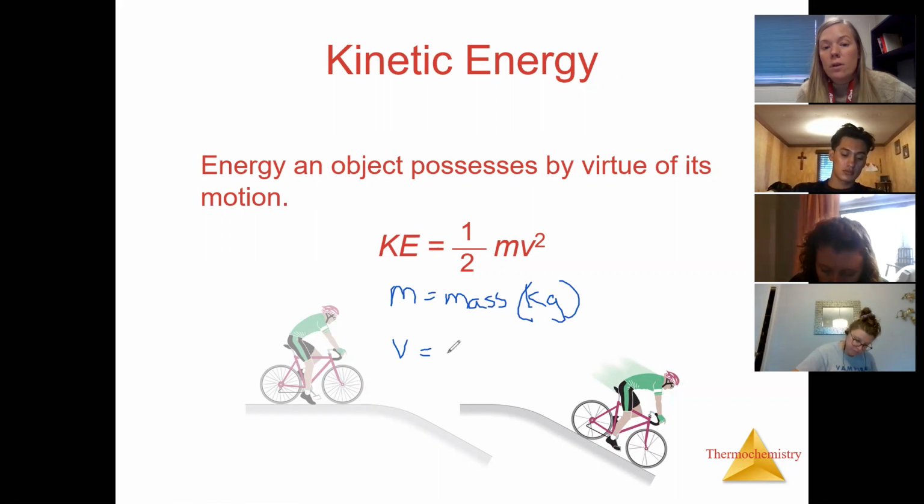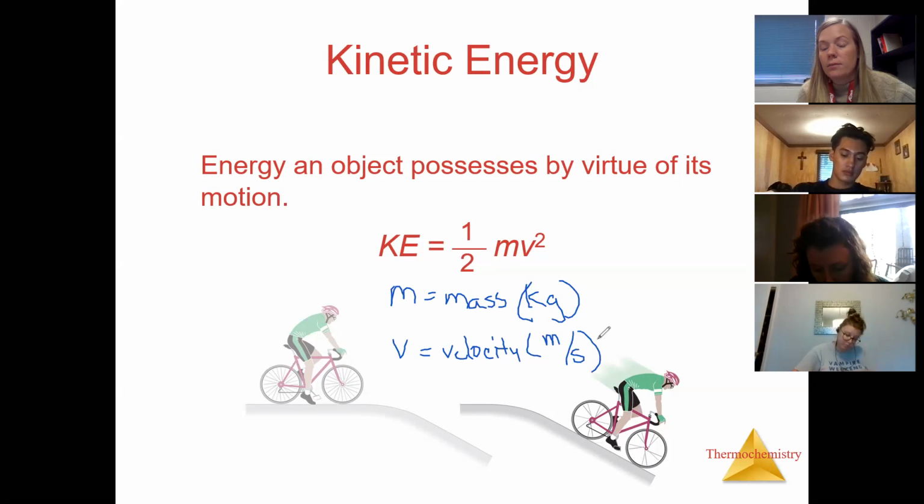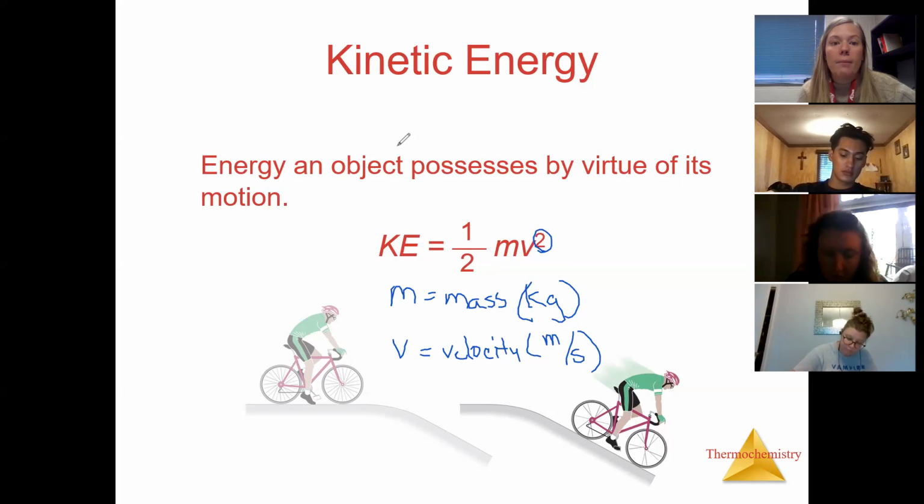V is equal to our velocity, and this is going to be in meters per second. And you want to notice that this is a squared value. The squared is just talking about the V. It's not talking about the M. We don't square the M.